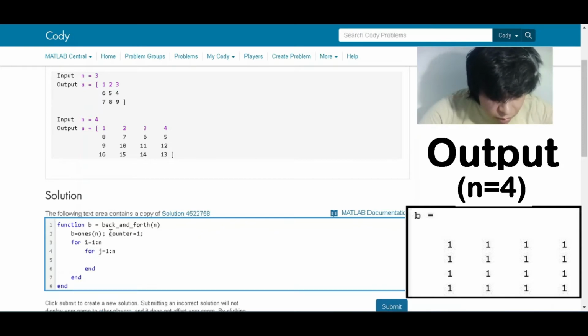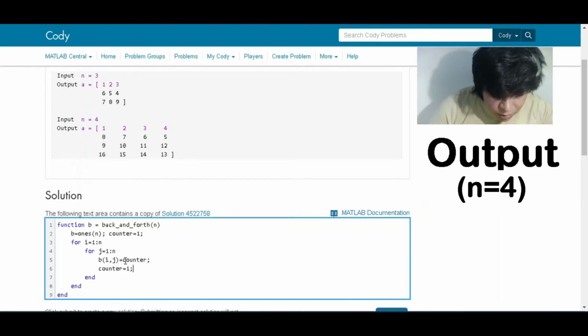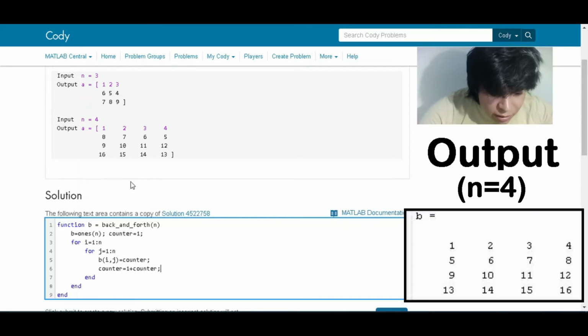So we are defining this counter as 1, and the values of b, which is the matrix, are going to be equal to that counter, and then the counter updates its value. If we make this algorithm, we are creating a matrix that goes from 1 to 16, or from 1 to n squared, but we are not making the pattern.